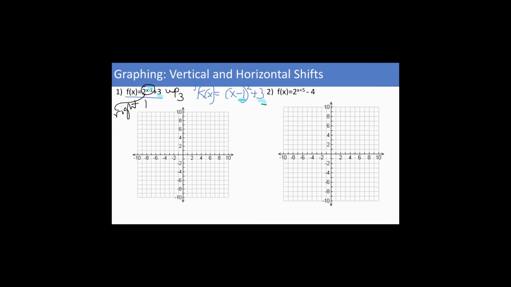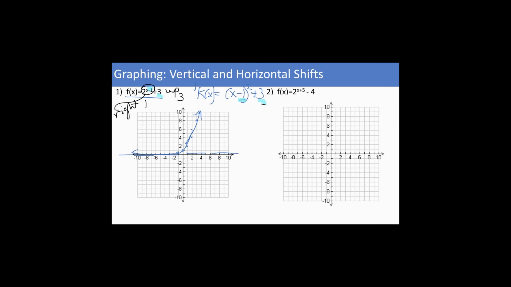Now I'm going to graph the parent function right here. Okay, and yes, you have to put the horizontal asymptote. This is a wall. Can't cross it. Can't touch it. Okay.